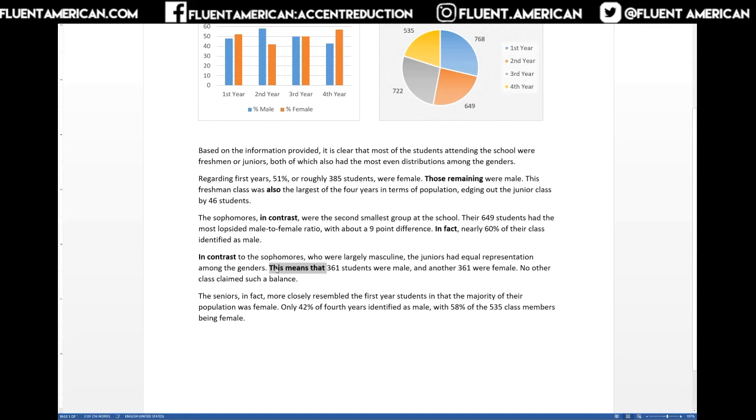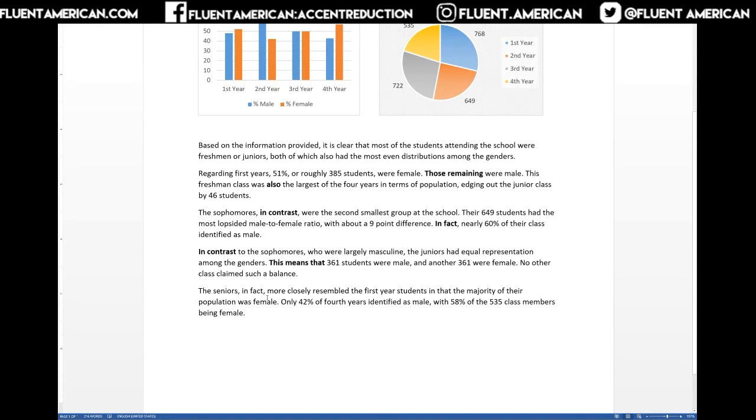"This means that," showing that we're going to clarify something that we expressed. And then only putting a little bit of emphasis on the number that's going to be given.